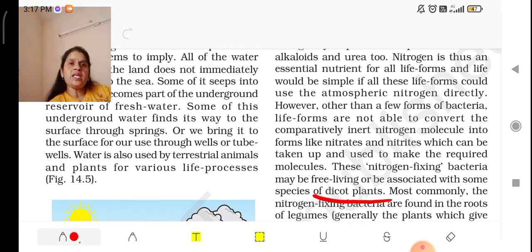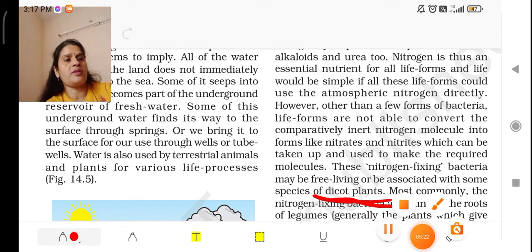So these bacteria are called nitrogen fixing bacteria, which convert nitrogen into nitrate and nitrite. They are found in the root nodules of dicot plants, not other plants. These are legume plants, in which seeds are enclosed in a pod, the seed cover. Only in those plants are these bacteria found.